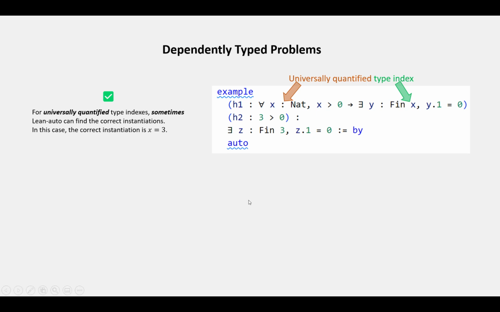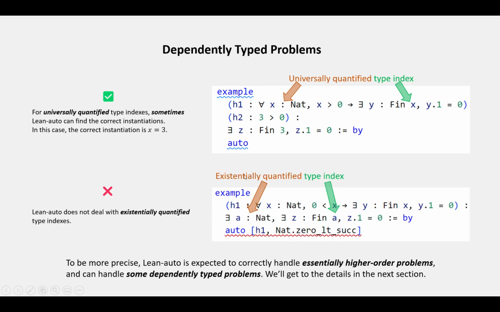For dependently typed problems, the situation is a bit more complicated. So for universally quantified type indexes, sometimes Lean-auto can find the correct instantiations. However, Lean-auto does not deal with existentially quantified type indexes.